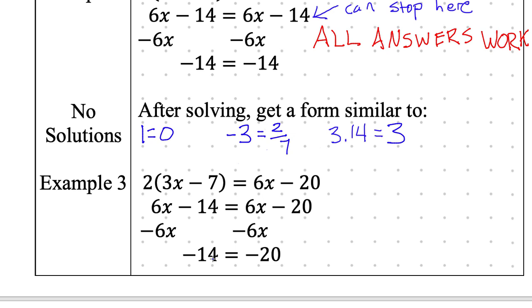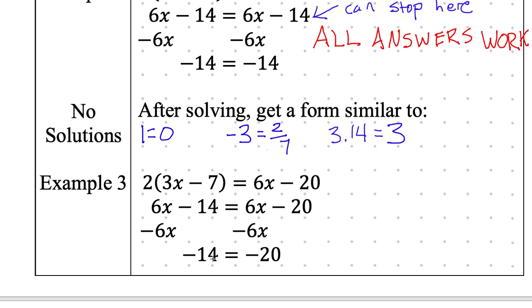Okay. Well, my question is, when you have 6x minus 14 equals 6x minus 20, you subtract the 6x on both sides, and you just completely take those away, and then you just bring the stuff down, and that's how you get your answer. You don't have to do what you usually do. We are doing what we usually do, but there's nothing left to do, because if I'm trying to isolate the variable, let's ignore the right-hand side.